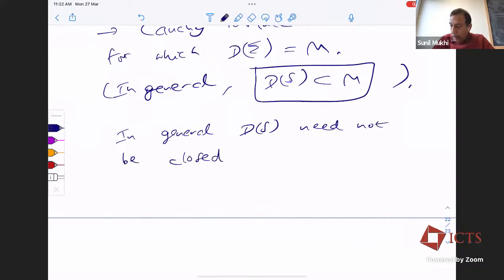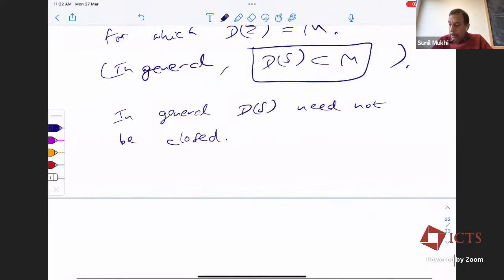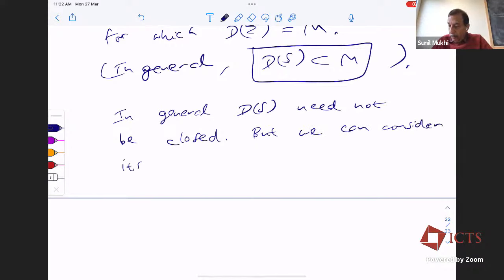So we can consider its closure. This doesn't have a separate name. It's D of S bar, the closure of the domain of dependence. You're free to consider it.